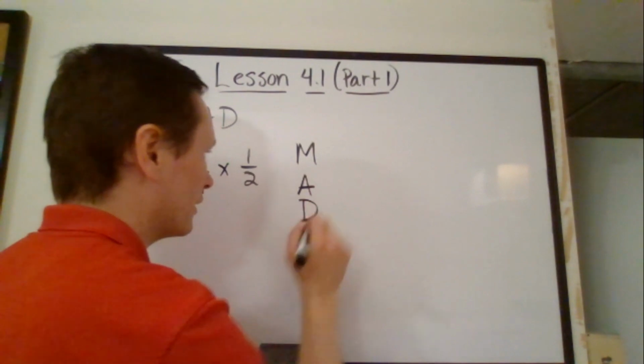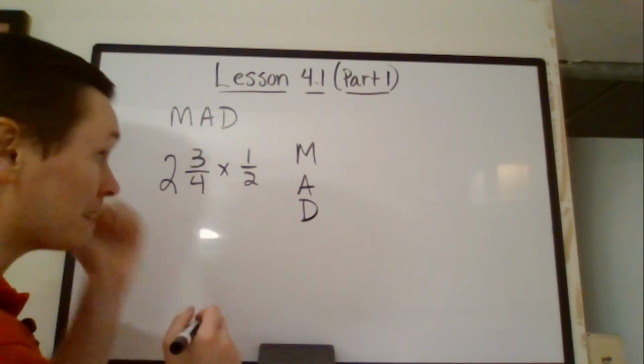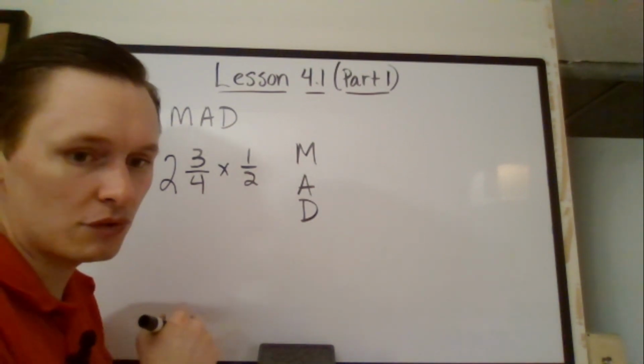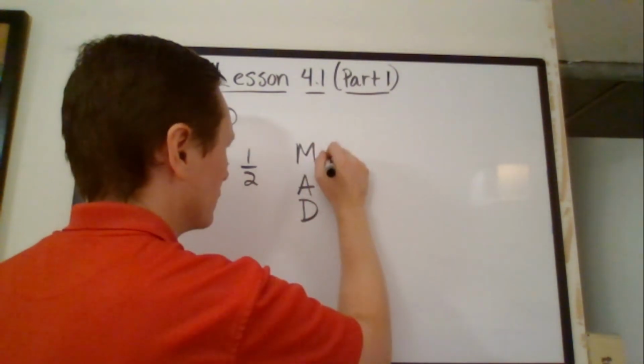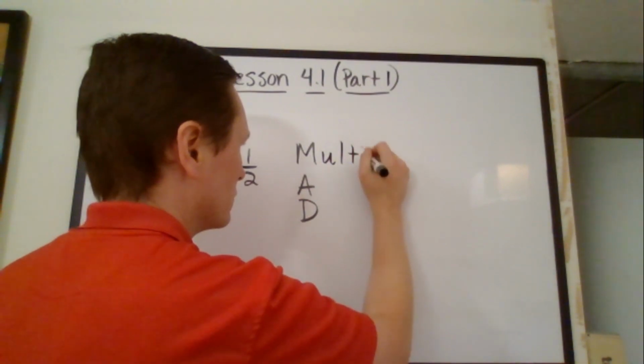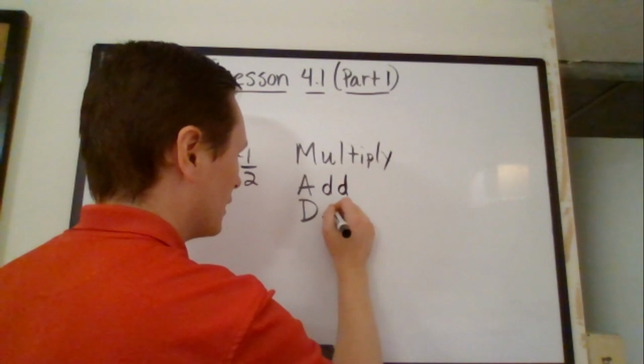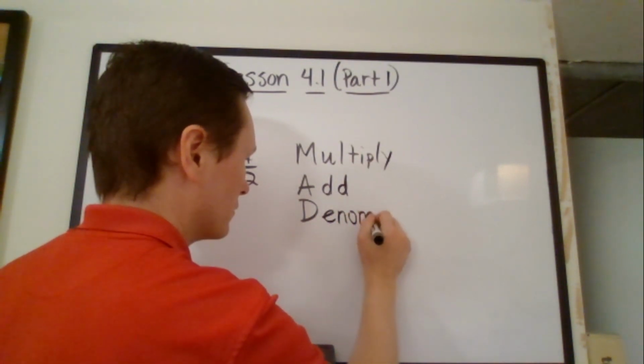So when we get mad, we're going to write it out like this, okay? The first thing we're going to do is multiply. Then we're going to add, and then we're going to keep the denominator.